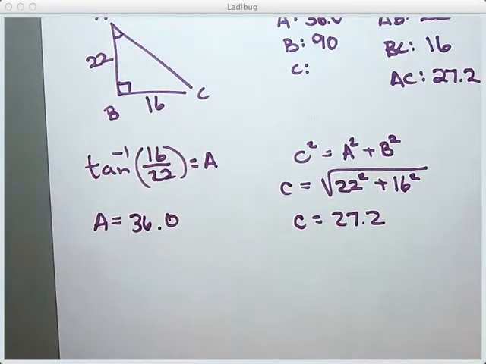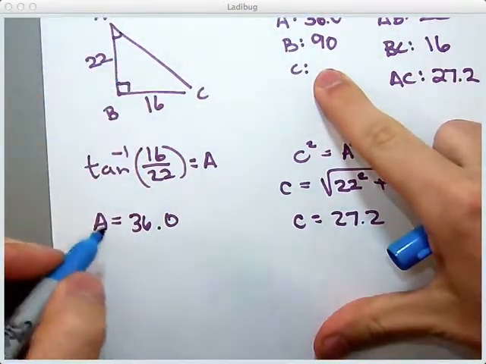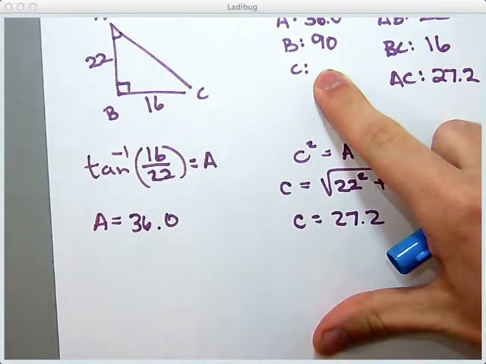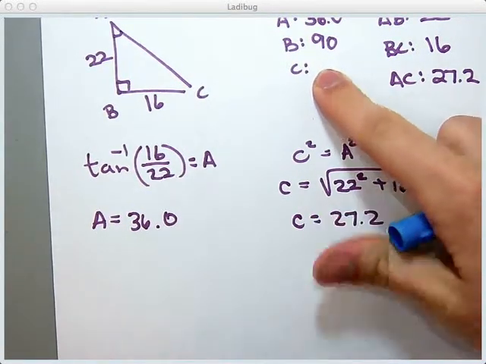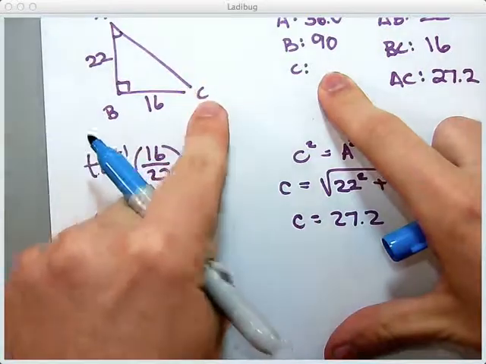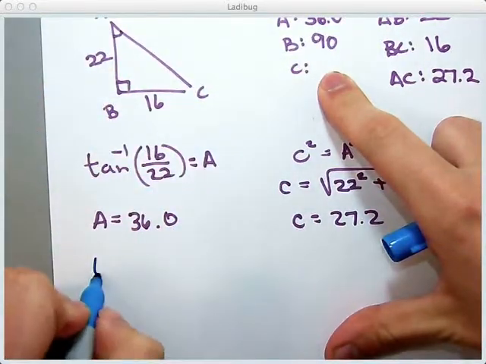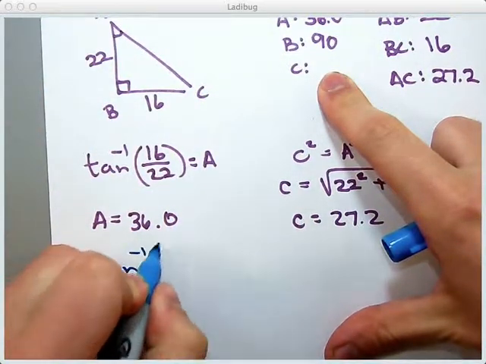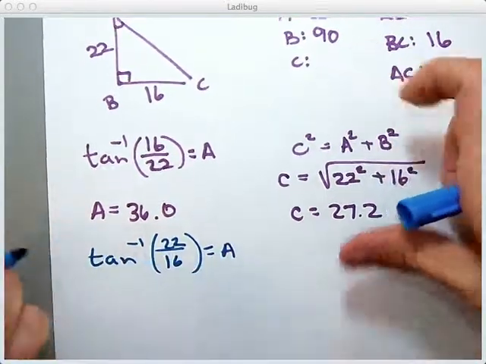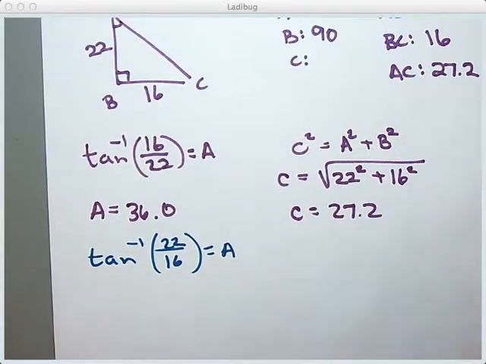All right, the next one, solving for angle C. I know that for angle C, I could use the whole adding, subtracting thing, but we don't want to use that because that's a number that I calculated and could be wrong. And plus, if I calculate it twice, then I can check my answers, right? So for angle C, I'm also using inverse tangent of 22 over 16.